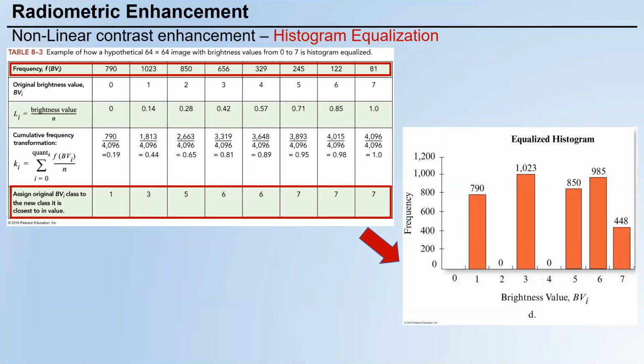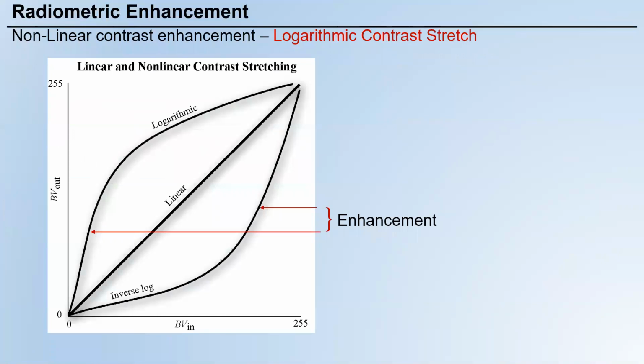In the first half of this lecture, because lecture 7 has 2 weeks, right? So for the first week of lecture 7, the last part of the first half is this. Another nonlinear contrast enhancement method is called logarithmic contrast stretch.